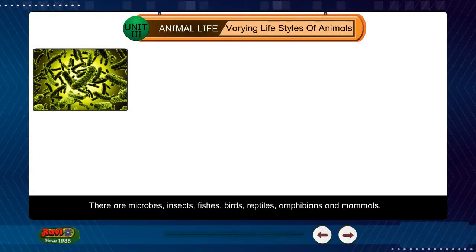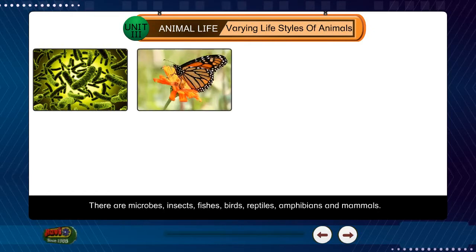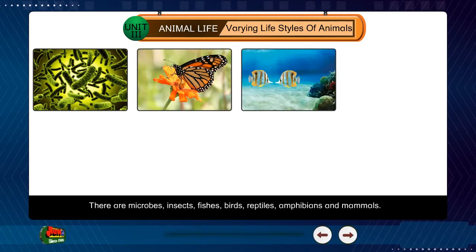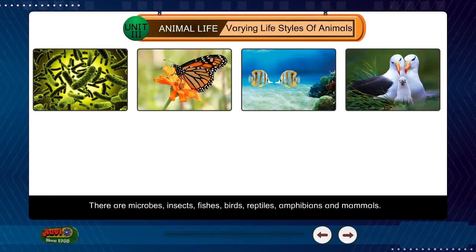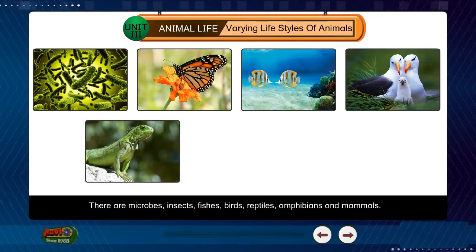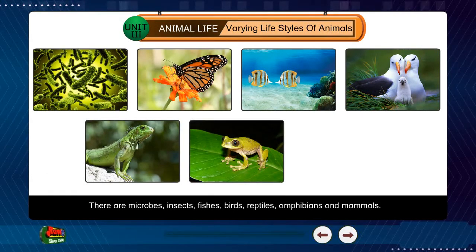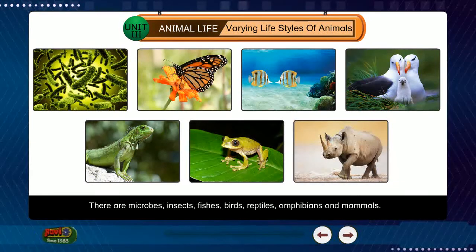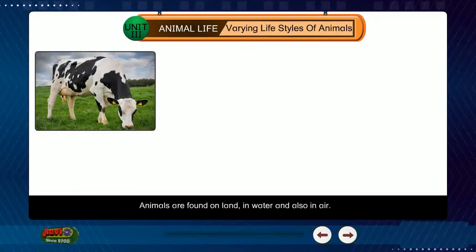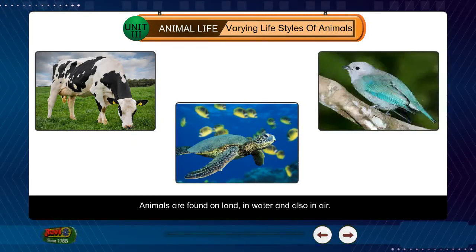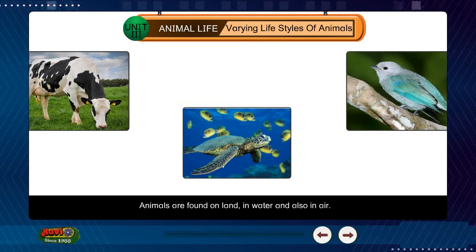There are microbes, insects, fishes, birds, reptiles, amphibians, and mammals. Animals are found on land, in water, and also in air.